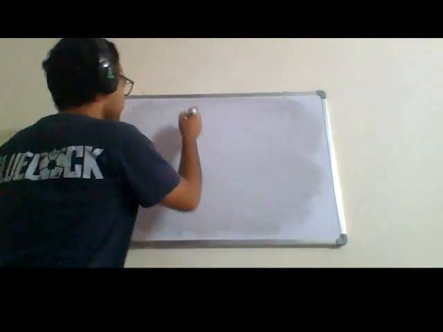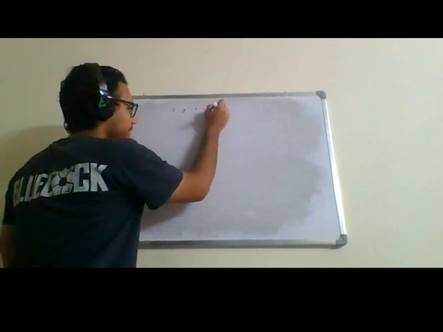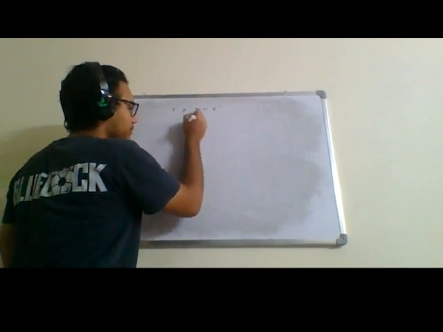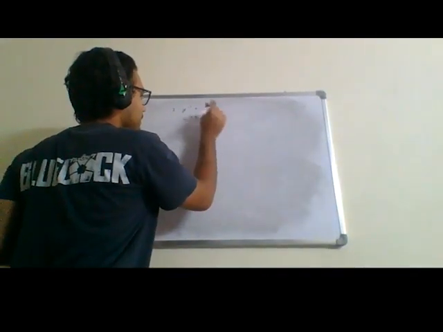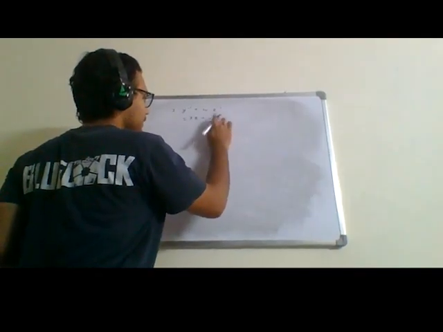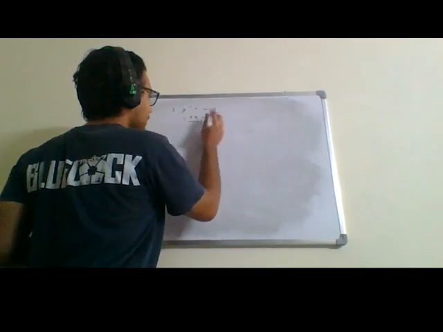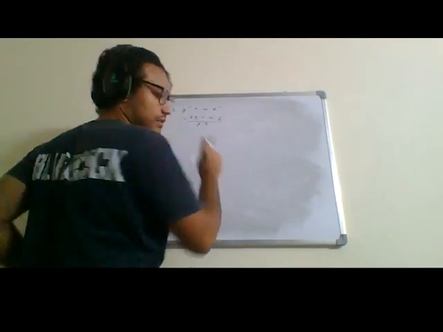Okay, x times y inverse plus w times z inverse is equal to (xz plus wy) over yz.